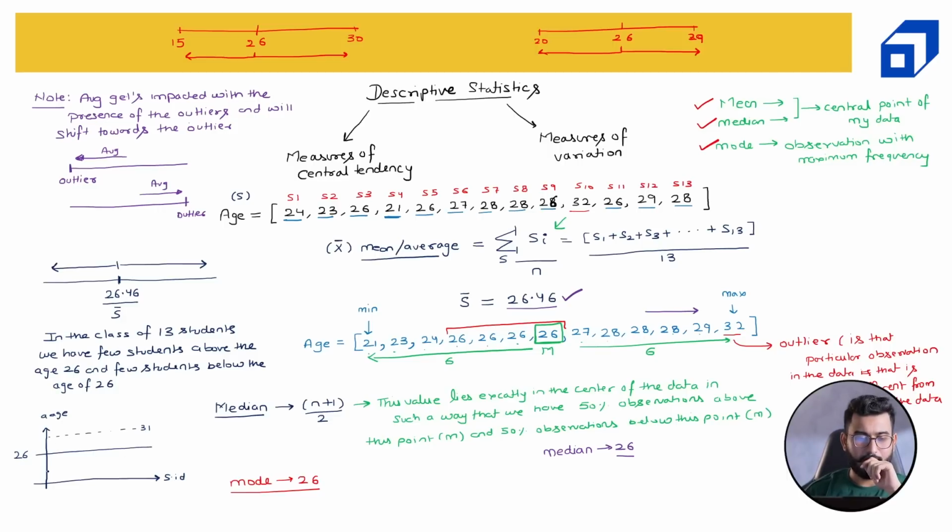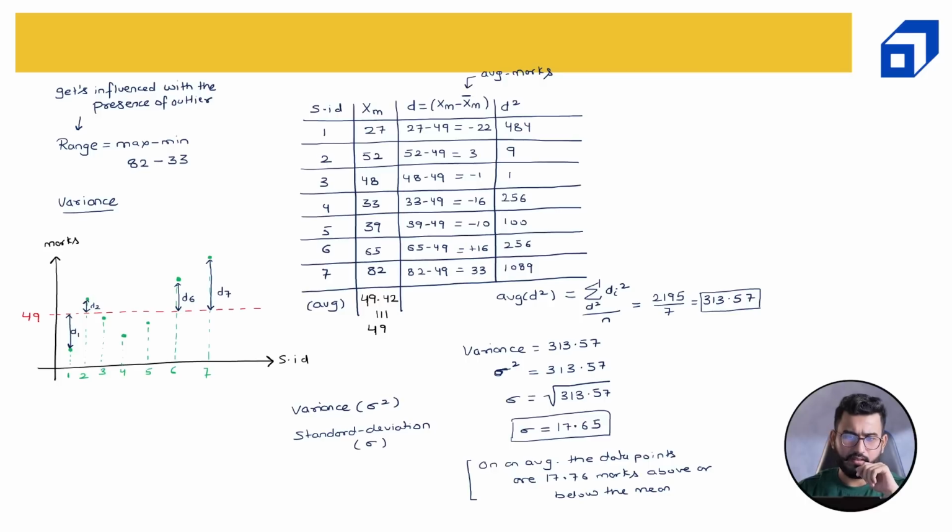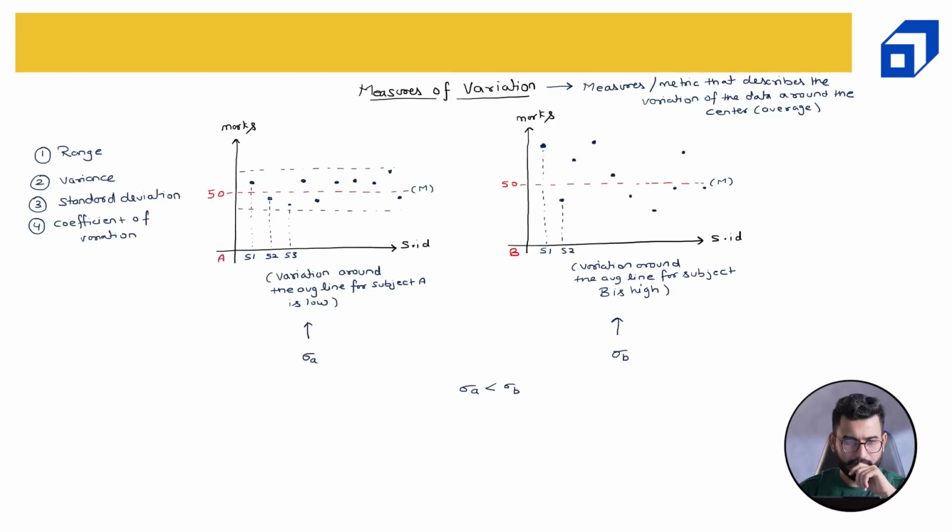And 26 minus 5 gives you 21. So you can say that most of the students in your data are between 21 and 31, right? Using the measures of central tendency, we get the central point. Using the measures of variation, we get how the data is scattered around the central point.